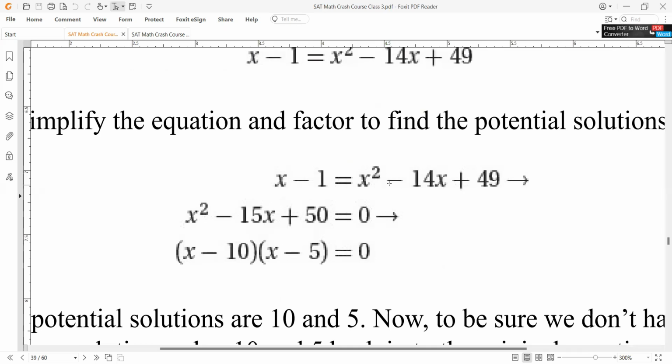Where did that x go on the other side? This x is going to that side. We are trying to simplify this equation because we are not interested in keeping so many different x terms. This is negative 14x and this is plus x, so you just add them.